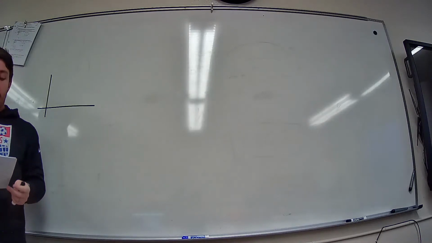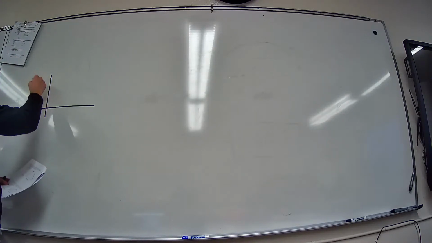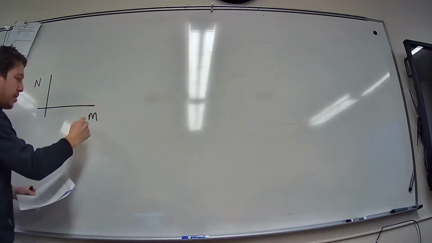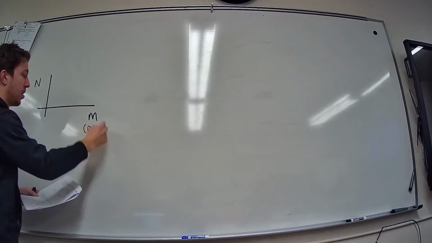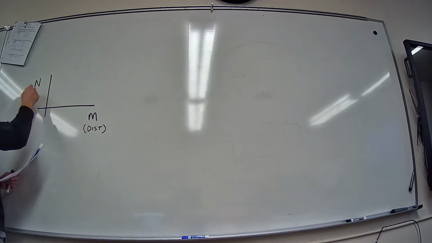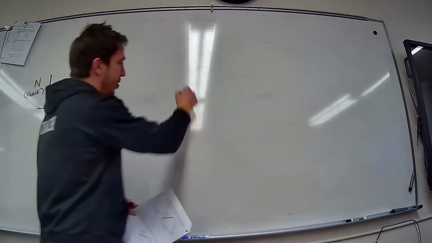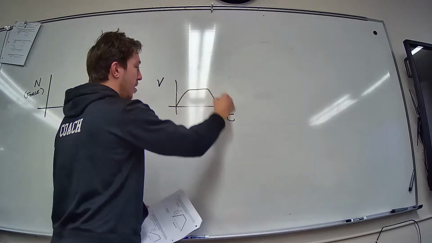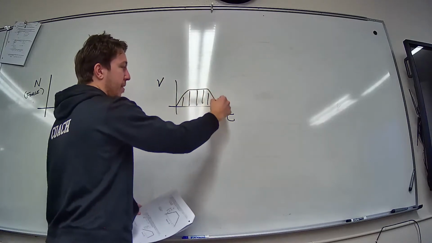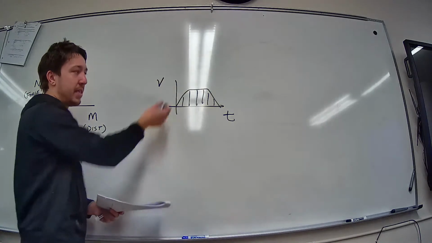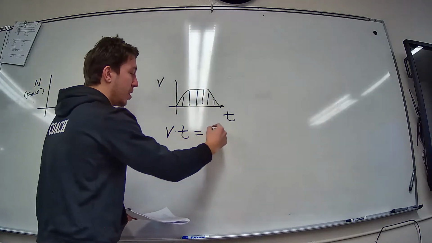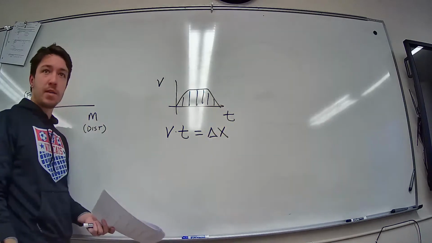My bad. Anyway, so you've got force in newtons, and then distance in meters, and there's a really big idea here. You guys remember doing these when there was velocity versus time? We would find the area under the curve. Why does the area under the curve give you the displacement? Because velocity times time gives you displacement.